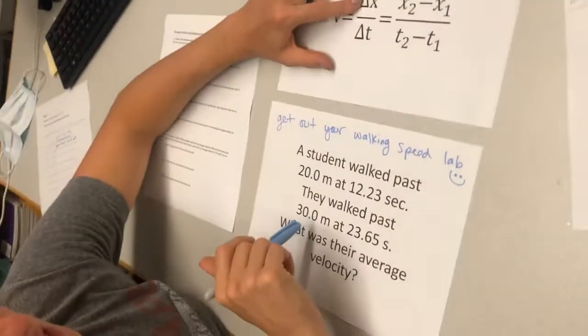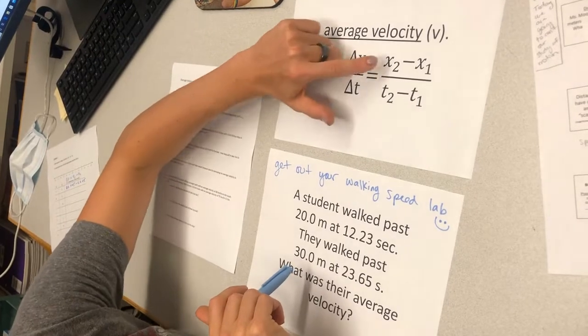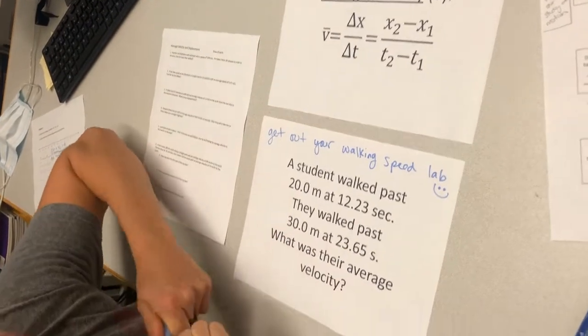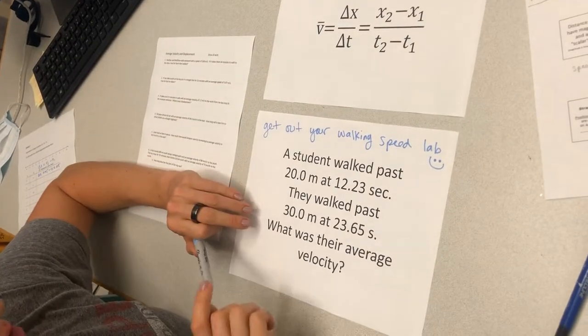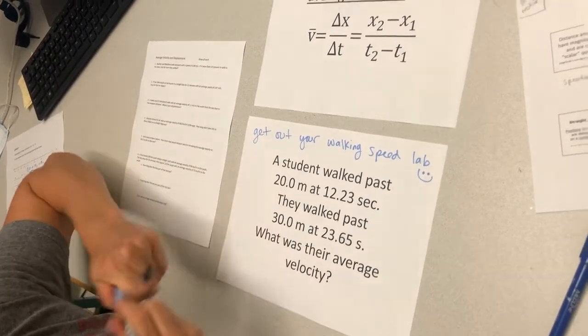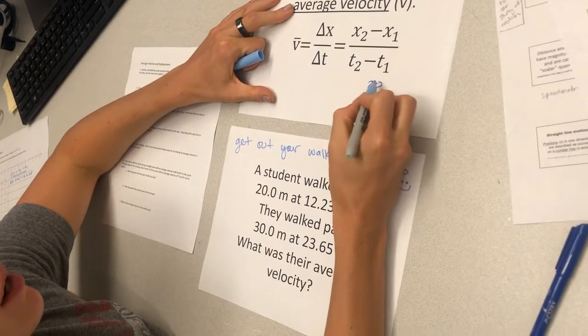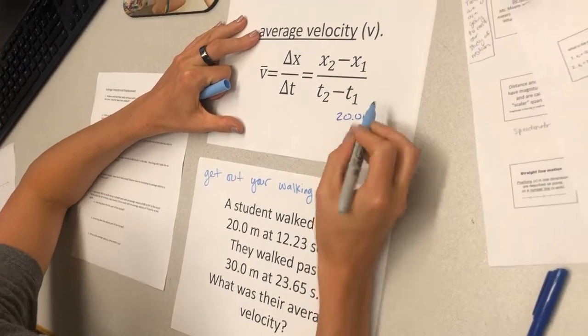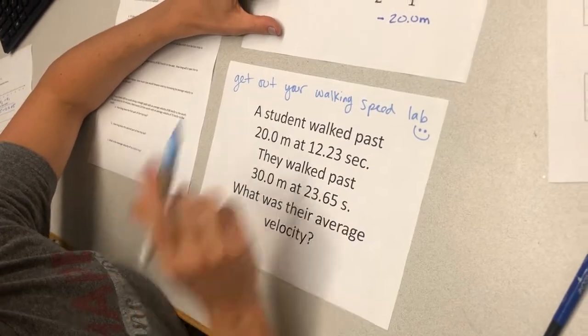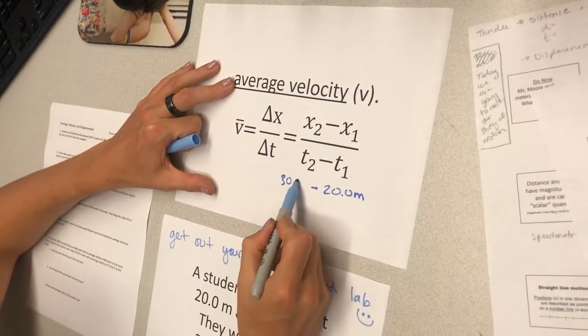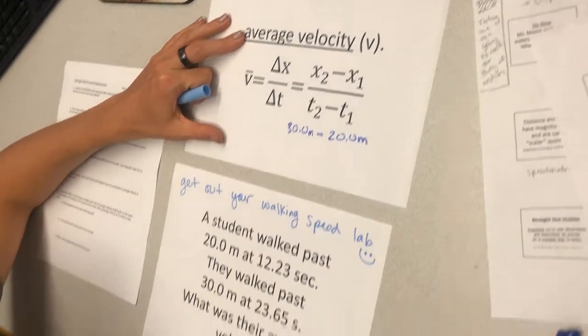Let's take a look first at the displacement, the change in the position, x2 minus x1. So let's start with x1. Where did we start here? Well, we started at the 20 meter mark. I'm going to write that right here. And where do we end? We ended at the 30 meter mark. Okay, that part's done.